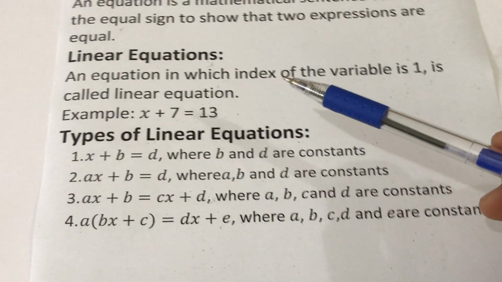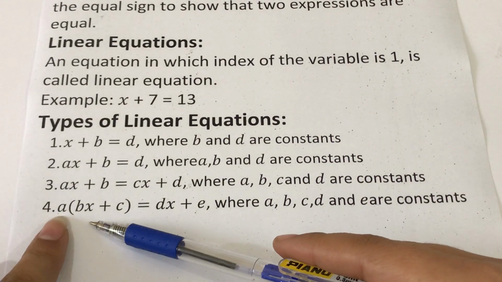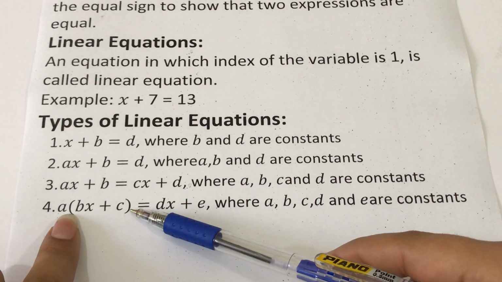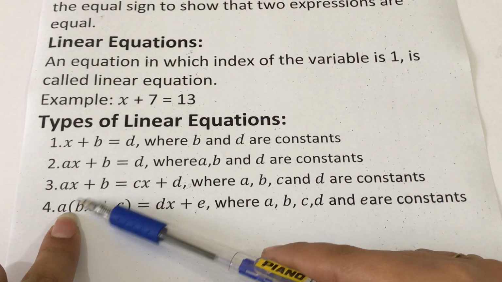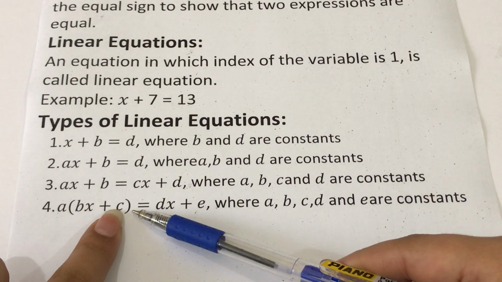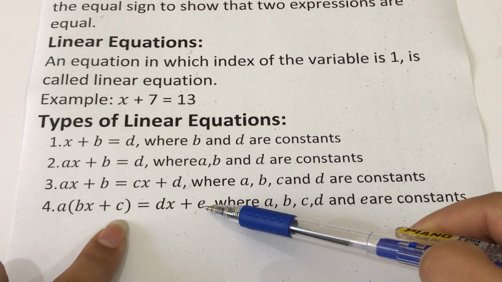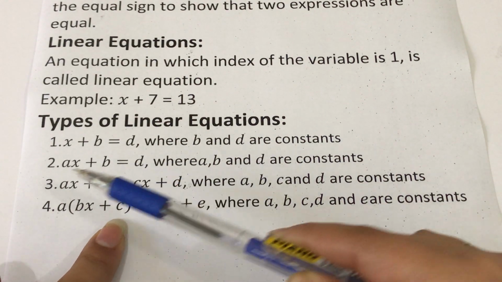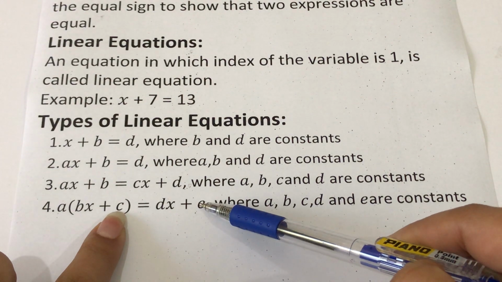The last and the fourth type of linear equation is, in this you can see we have used the bracket here. a into bx plus c, it would be equal to dx plus e. Again we have 2 variable terms in this and 1 and 2 constant terms.